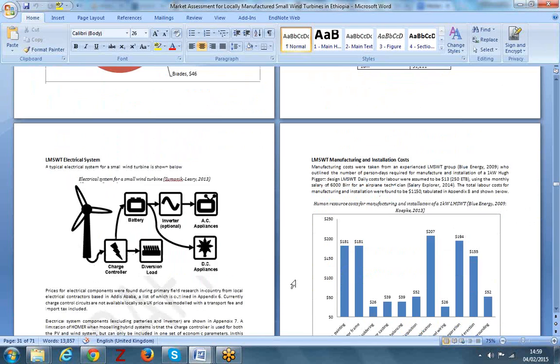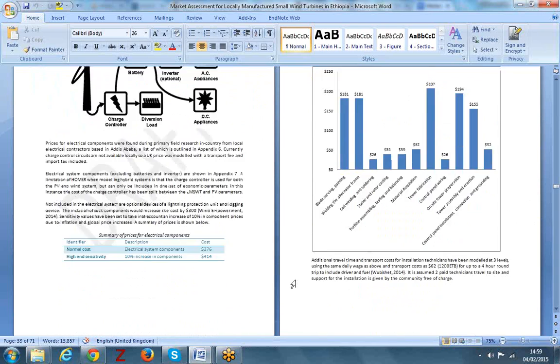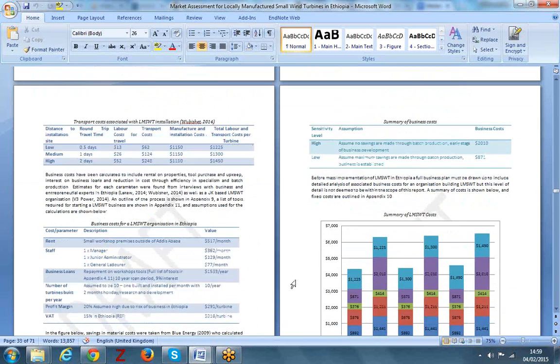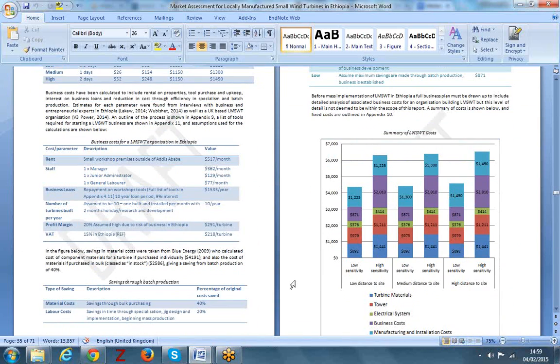So the costs of the turbine, the costs of the electrical system, the cost of the tower, and included sensitivity values for an increase in cost of materials, and also an increase or decrease in tax.